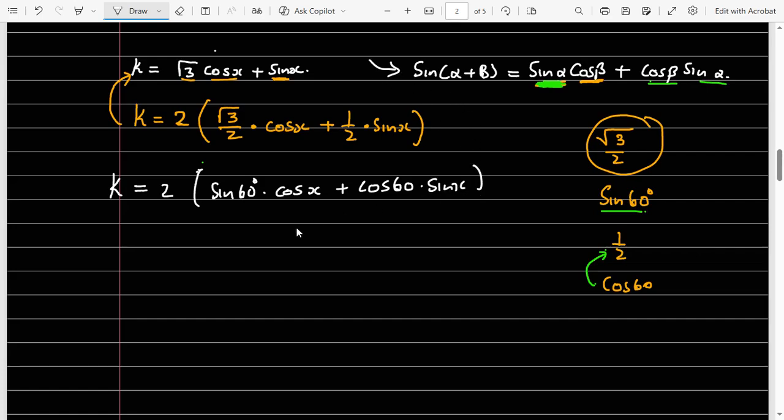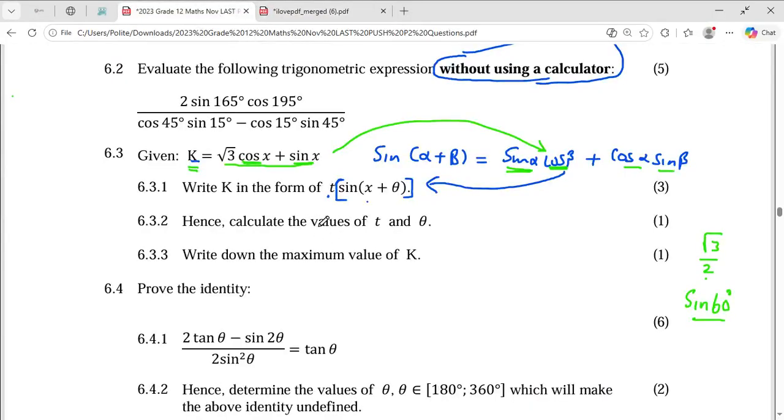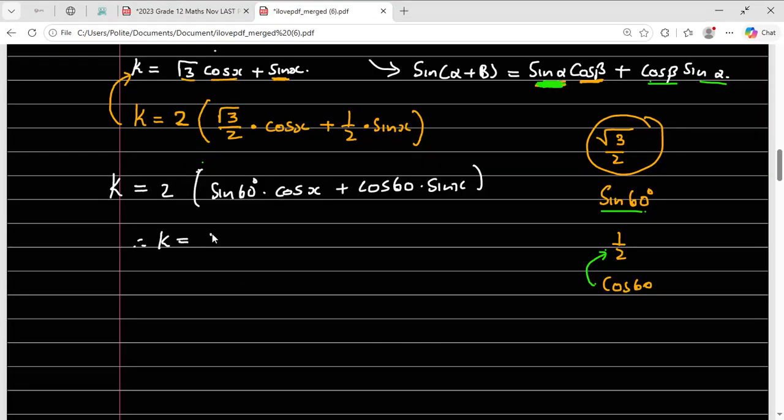So if we have this, we can write this as k is equal to, they want us to write it in the form of t into sine of x plus beta. So this will be 2, which is t, into the sine, then we add the angles. What are the angles? 60 and x. So we're going to say 60 plus x. Then you're done. You just have to leave it like that.